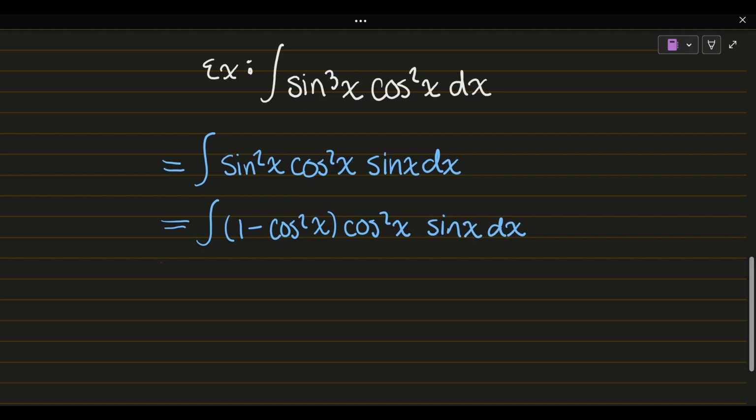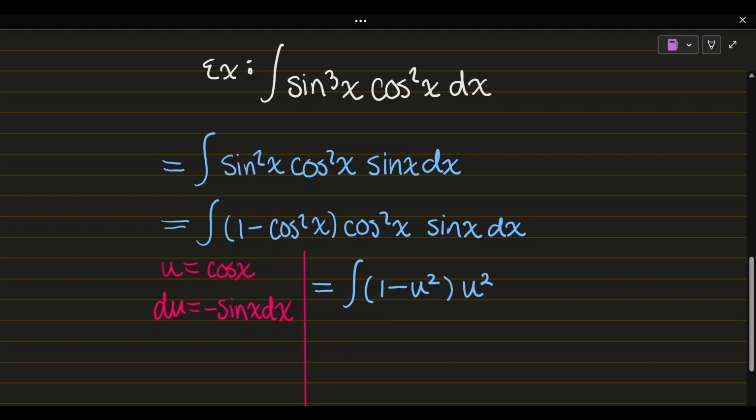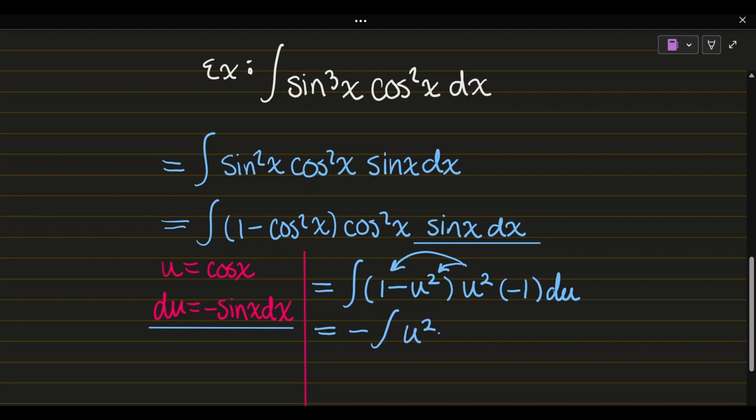Now doing my u substitution, I will let u equal cosine of x, then du will equal negative sine x dx. So under my substitution, this integral will become the integral of 1 minus u squared times u squared, and then this sine x dx is negative du, so this is times negative 1 du. Now I'll bring this negative outside and distribute this u squared. So this is negative integral of u squared minus u to the 4th du.